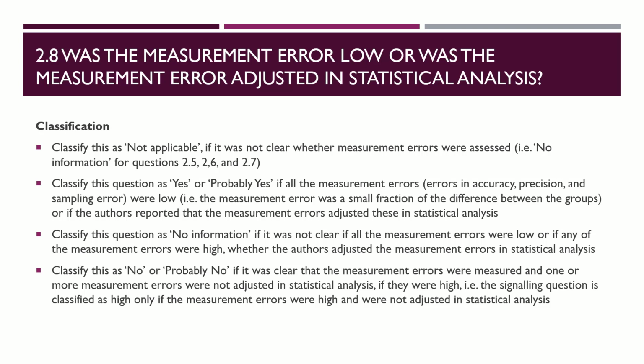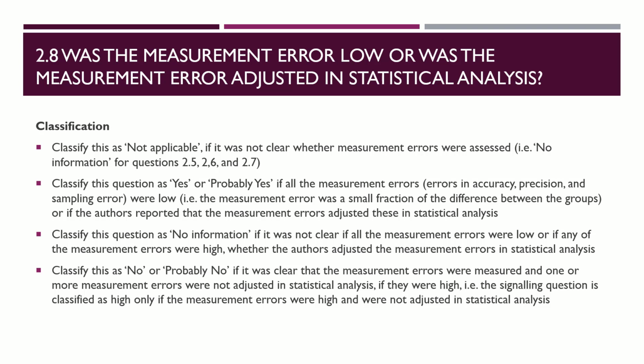Now, if one or more measurement errors were high, then you should find out if the authors have adjusted the measurement errors in statistical analysis. And if it was not clear, then you would classify it as no information.